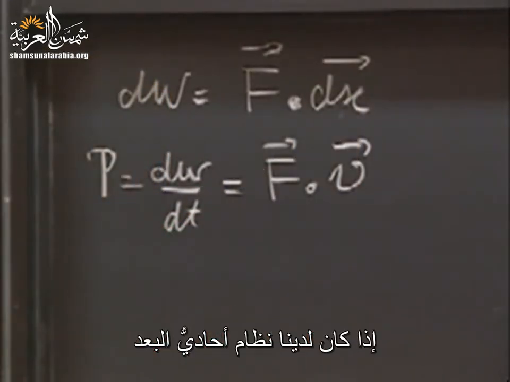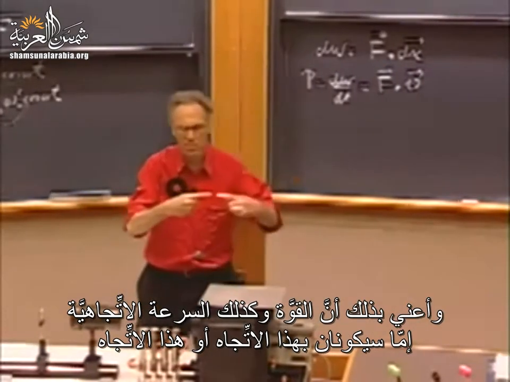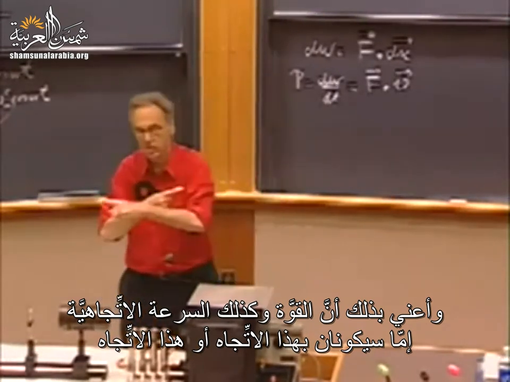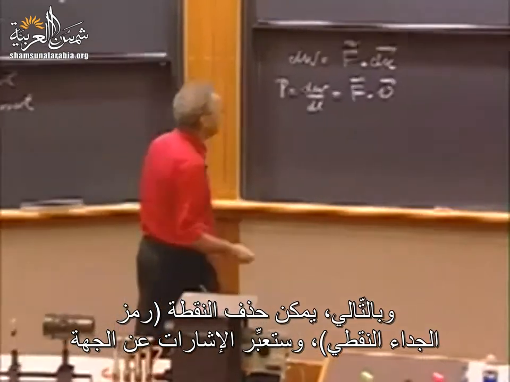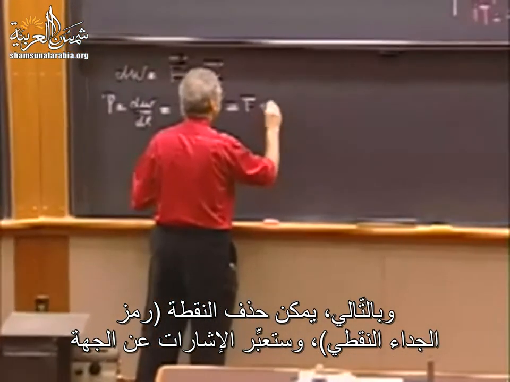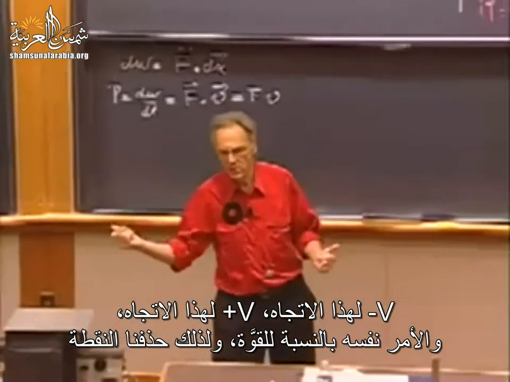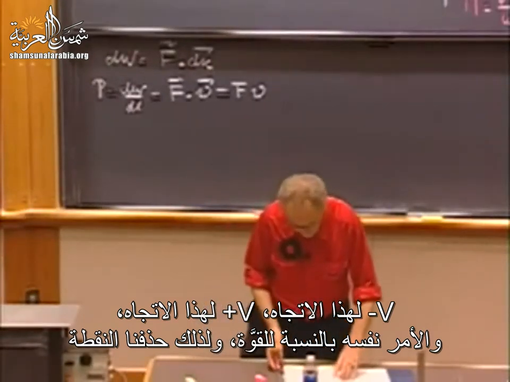Now, if I have a one-dimensional system, and what I mean by that is that the force is either in this direction or in this direction, and the velocity is either in this direction or this direction, then I can delete the dot, and then the signs will automatically take care of the direction. A minus v is then this, a plus v is that, and same for force. So I can kill the dot.